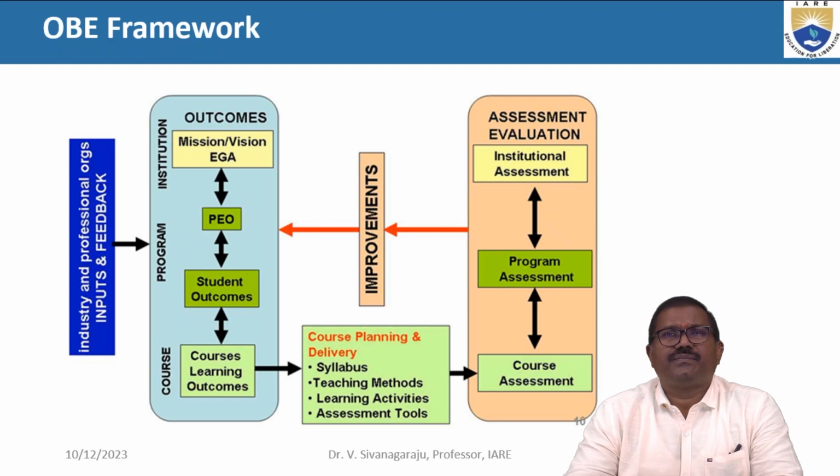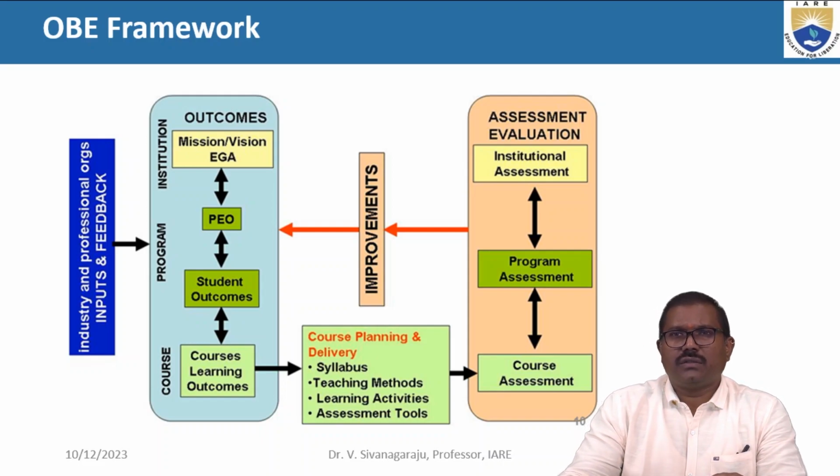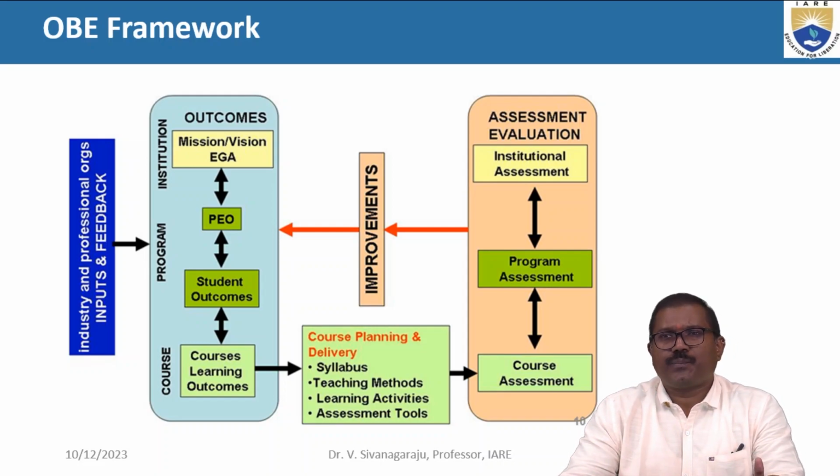So this is a framework. Here we are taking feedbacks from industry personnel in our program. The institute has a mission and vision, and the program has PEOs, program educational objectives, and student outcomes, course learning outcomes, COs. By taking all the feedbacks, we make our course with well planning and delivery, and finally go to assessment of that course.